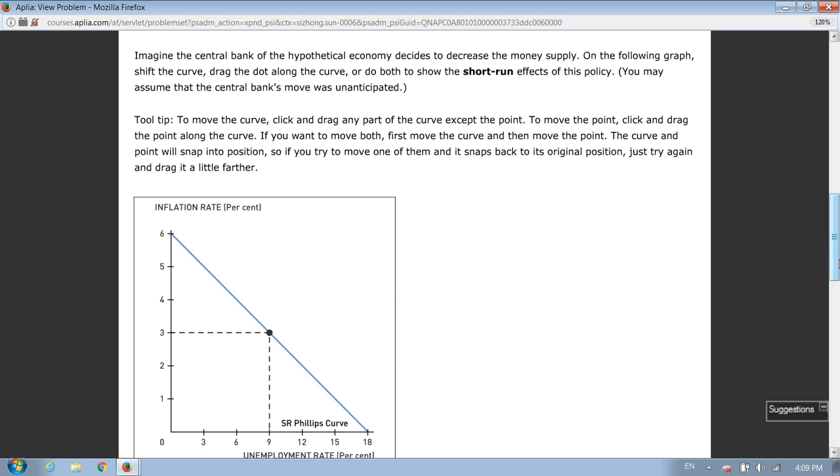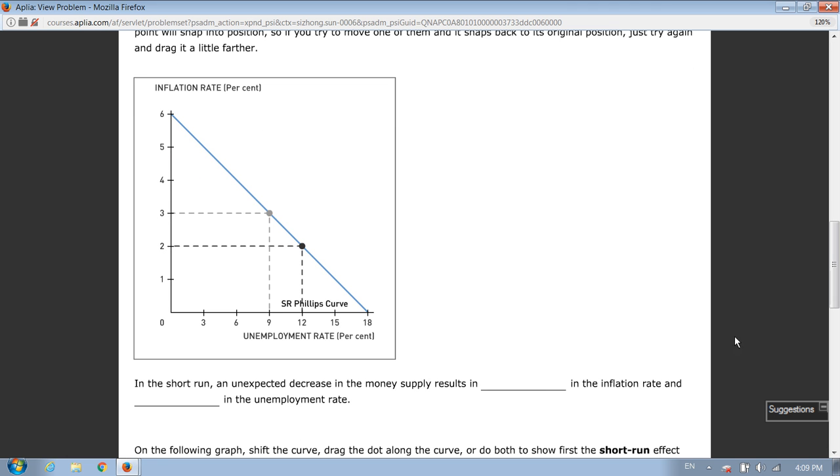Let's shift the aggregate demand curve to the left, resulting in lower inflation and higher unemployment. So in the short run, the economy moves along the Phillips curve downward: a decrease in the inflation rate and an increase in the unemployment rate.